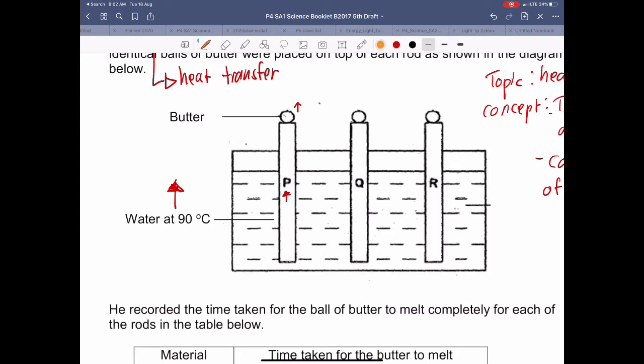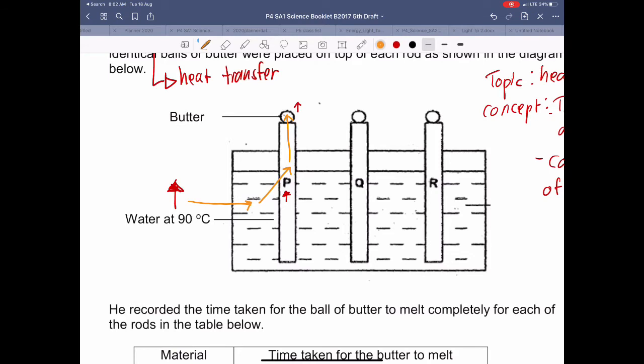So heat will always travel from a region of higher temperature to a region of lower temperature, and then from a region of higher temperature to another region of lower temperature. So remember, higher, lower is always comparative. So for example, when I'm looking at rod P, between water and rod P, water has the higher temperature.